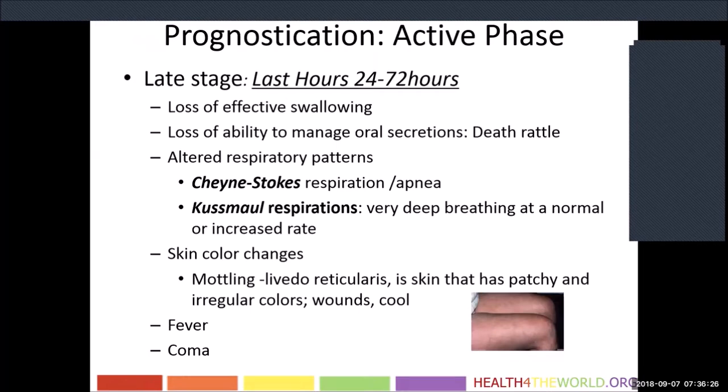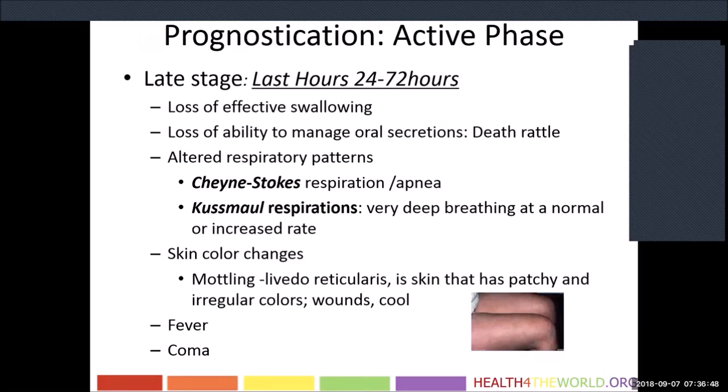They develop Cheyne-Stokes respirations and long periods of apnea. You might see Kussmaul respirations, where they start doing this very deep, slow or fast breathing. It can be either, but it's different. It's like they're taking these deep breaths almost from their gut each time.